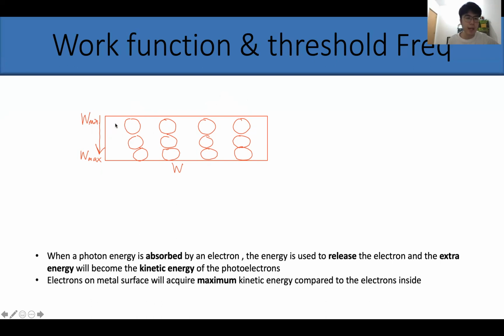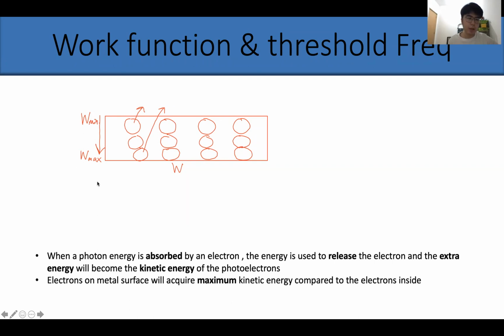So the work function at the surface is the minimum. That means you need the least energy to pop this electron out. You need more energy to pop the electron at the bottom out from the metal. So each layer, the work function increases.